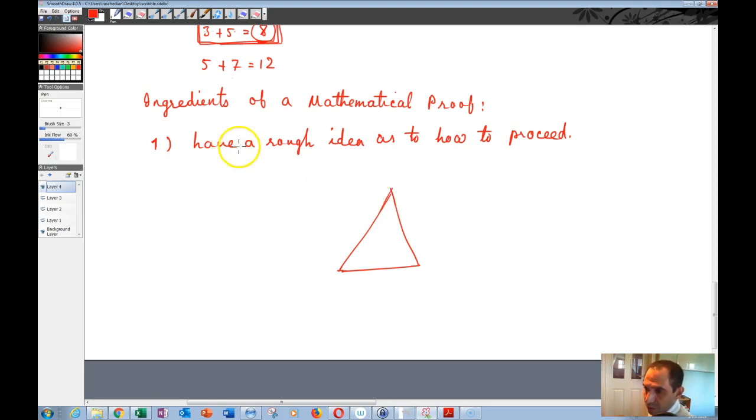So now, in my mind, I have to put some proof together, and that proof tells me how to proceed here. So I could say that, okay, I can draw some line perpendicular to this line, right? And as a result of that, I get two right triangles.